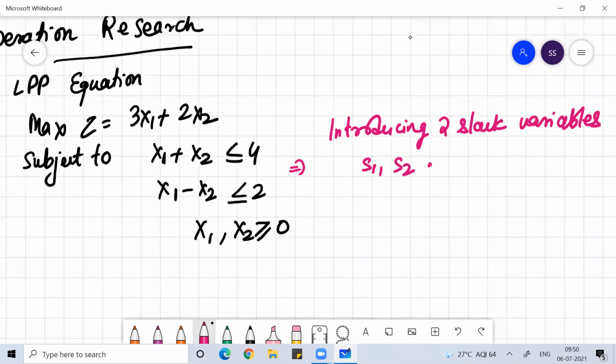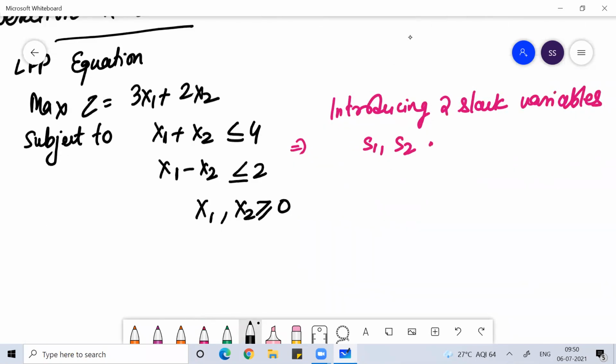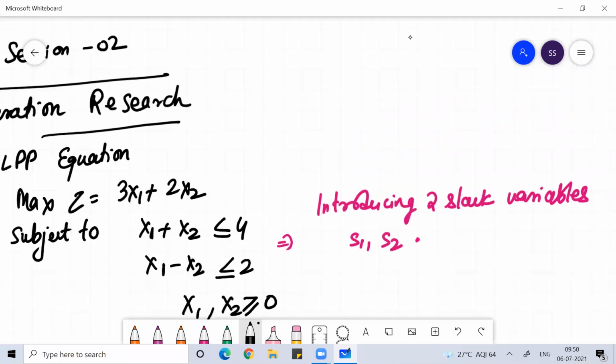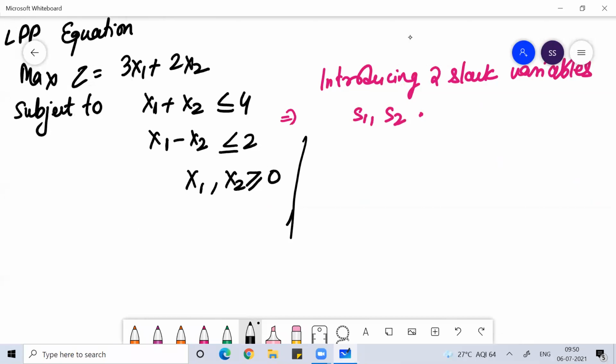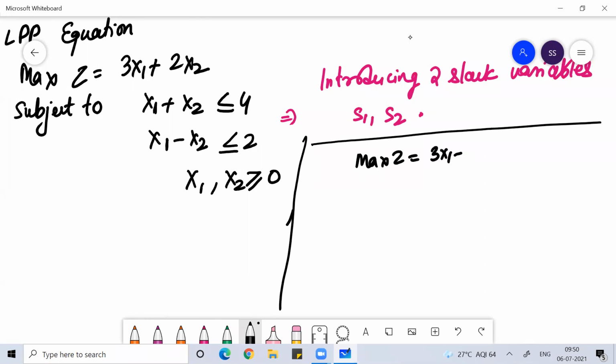What is the purpose of introducing these slack variables? So that I can make the constraints have an equal to sign. I introduce two slack variables s1 and s2. So my objective function will be maximum of z is equal to 3x1 plus 2x2 plus 0 s1 plus 0 s2.